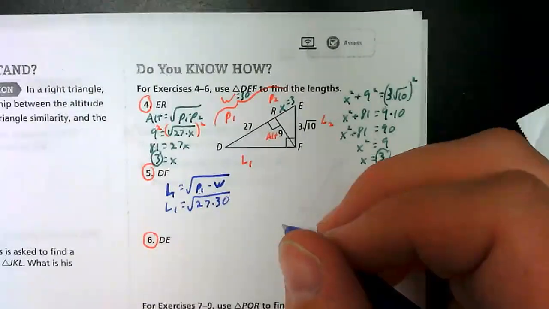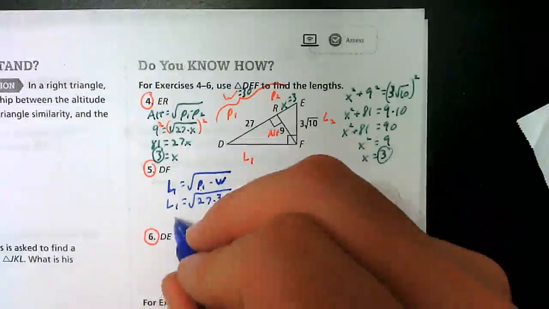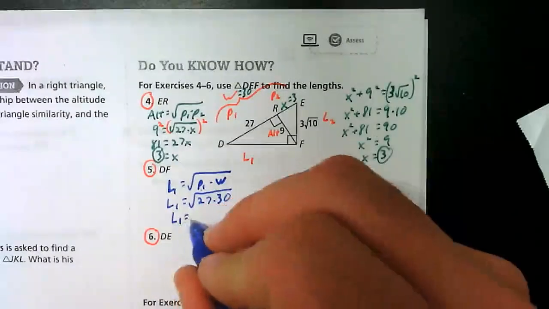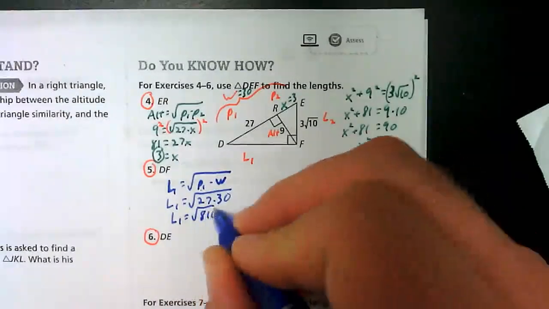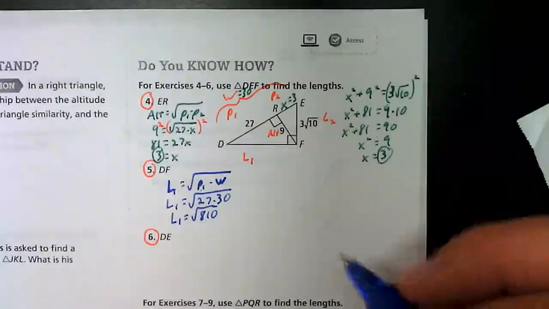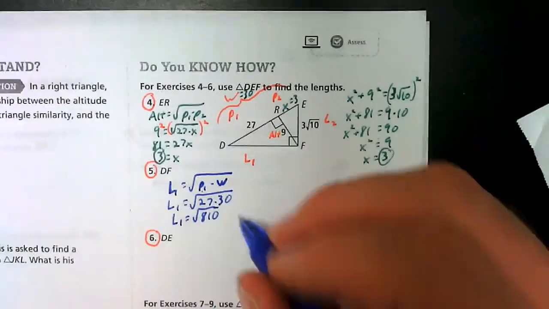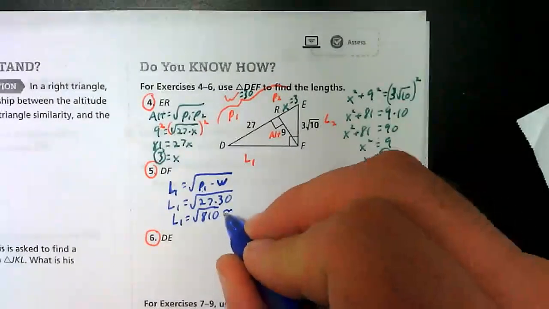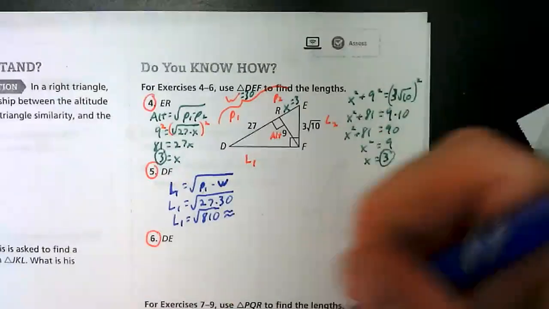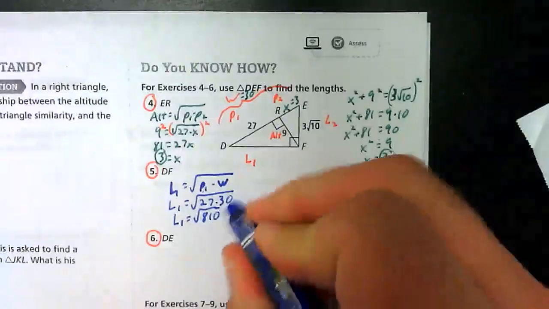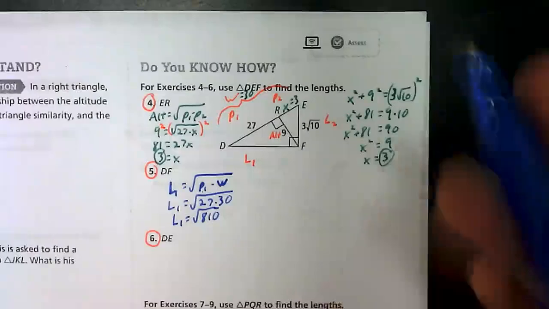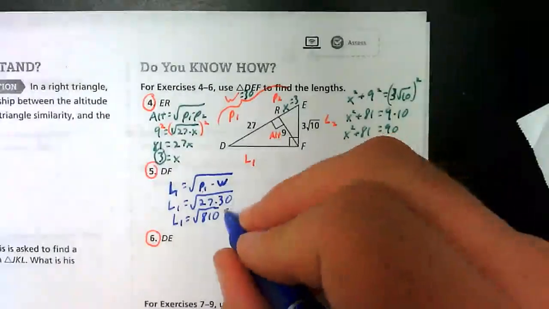Well, 27 times 30 gives us a pretty big number. That's 810. So we have the square root of 810. Now, if I take the square root of 810, that's not going to give us a whole number again. So we simplify. Actually, let's simplify the radical first here.